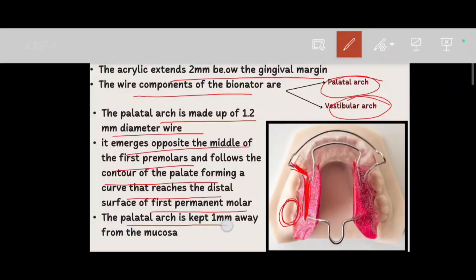The palatal arch is kept 1 mm away from the mucosa. So the path of the wire is: it starts opposite the first premolar, follows the contour, then curves and reaches the distal surface of the first permanent molar.